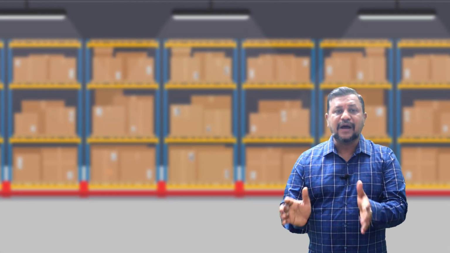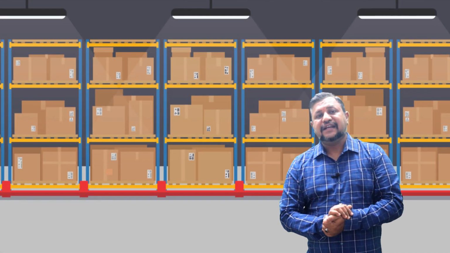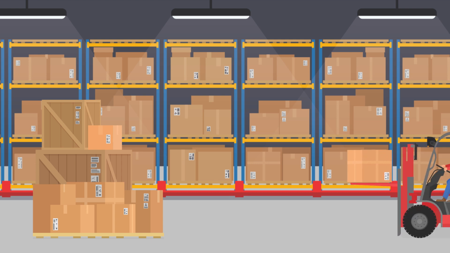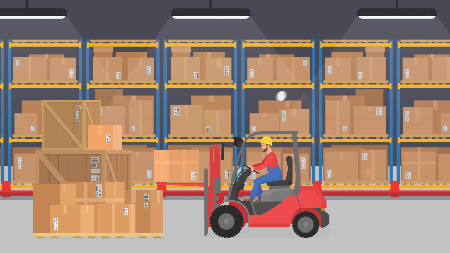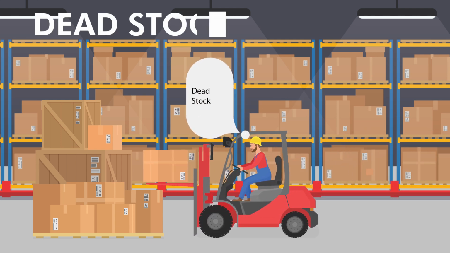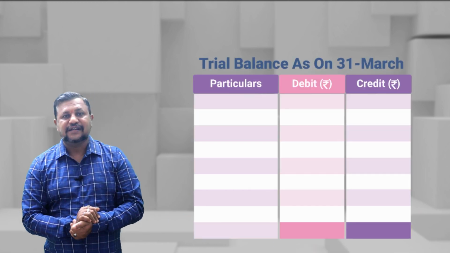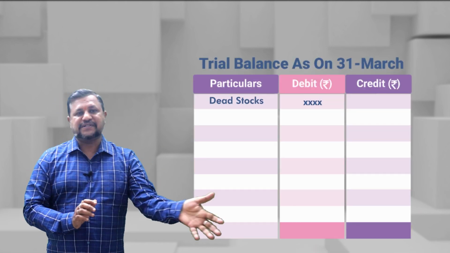There can be any reason, say there was a change in technology and because of that the demand of our existing goods is gone and these goods are now not getting sold in the market, so they are piling up in the warehouse. This stock which is unsold, guys, is known as dead stock. Basically, dead stock is also a current asset and in trial balance it is recorded on debit side.